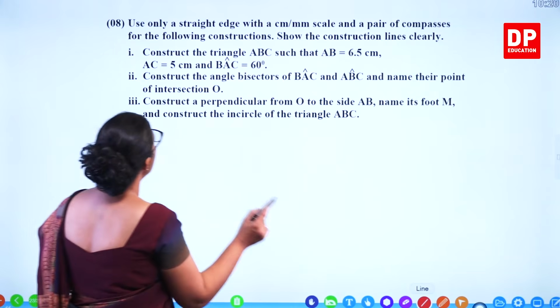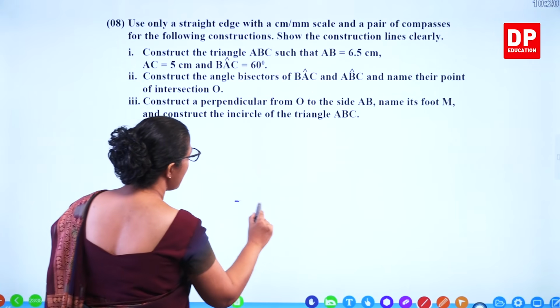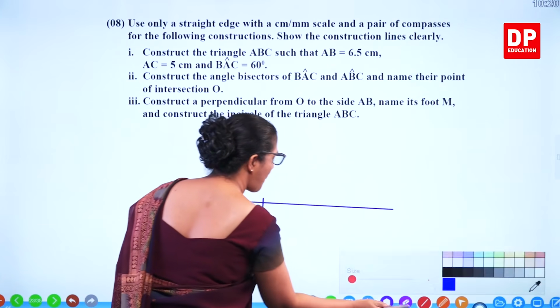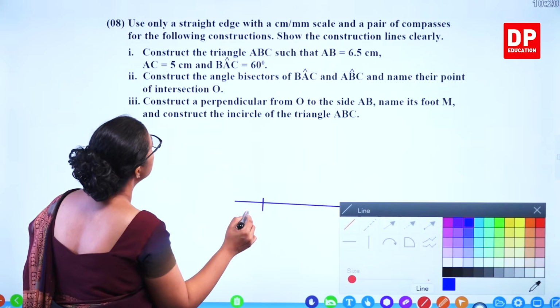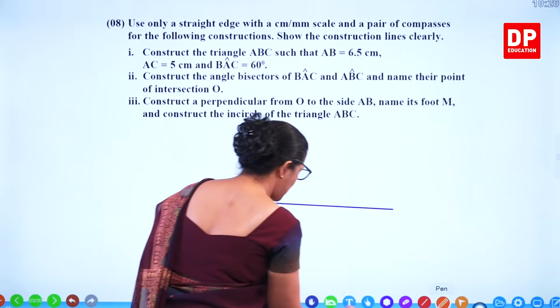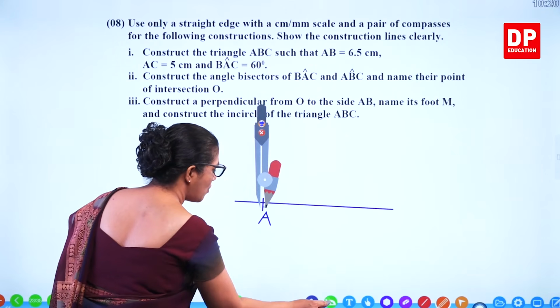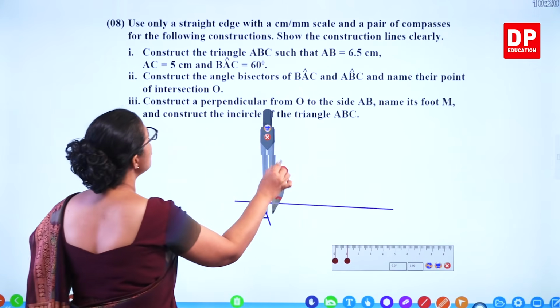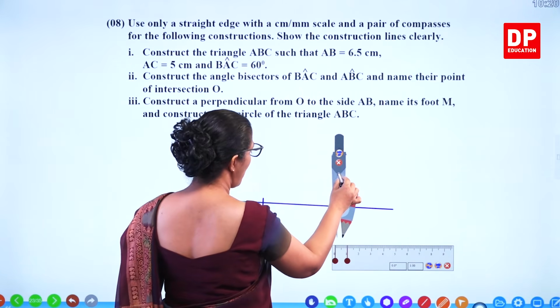So we'll first draw a line segment and we can mark a point. That's A. Now take the ruler and the compass. We need to measure 6.5 length.